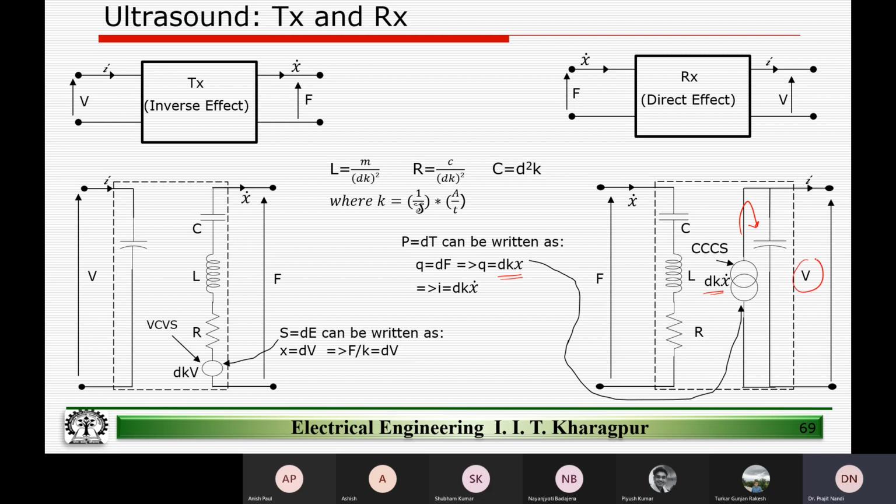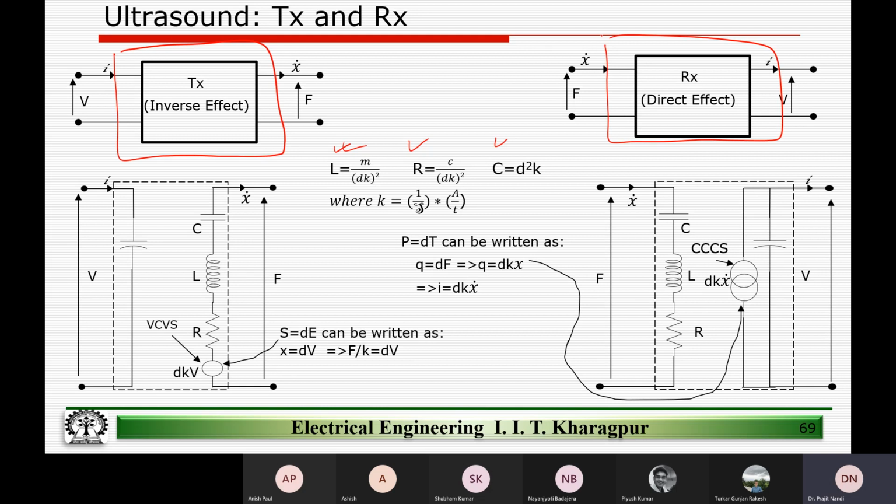And if I can read out this voltage, that means I'm essentially reading the force that has been applied on the input terminal of the receiver. So based on the fundamental parameters of L, R, and C, and by understanding the way the crystal behaves, it is fair to derive this kind of a two-port equivalent model for the transmitter as well as the receiver.